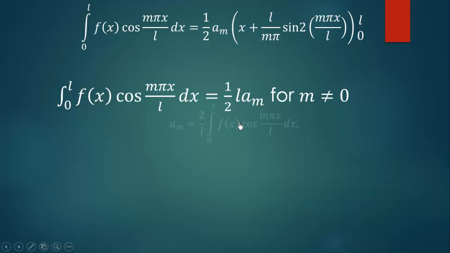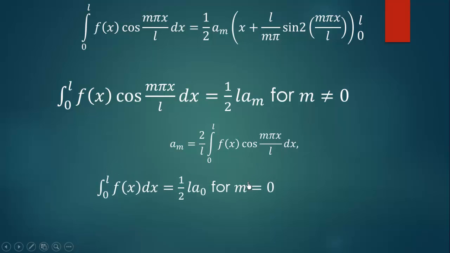And when we make a sub n the subject, we're going to get 2 over L integrating from 0 to L of f of s cos n pi x over L dx. So this is going to give us the coefficients a sub n. Note that this is just a constant variable, so we can also substitute n over here to get a sub n, then cos n pi x over L.